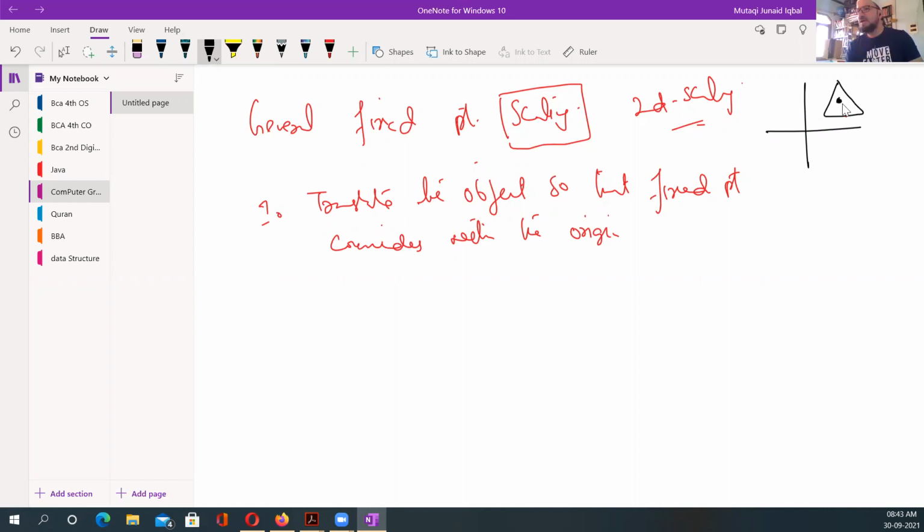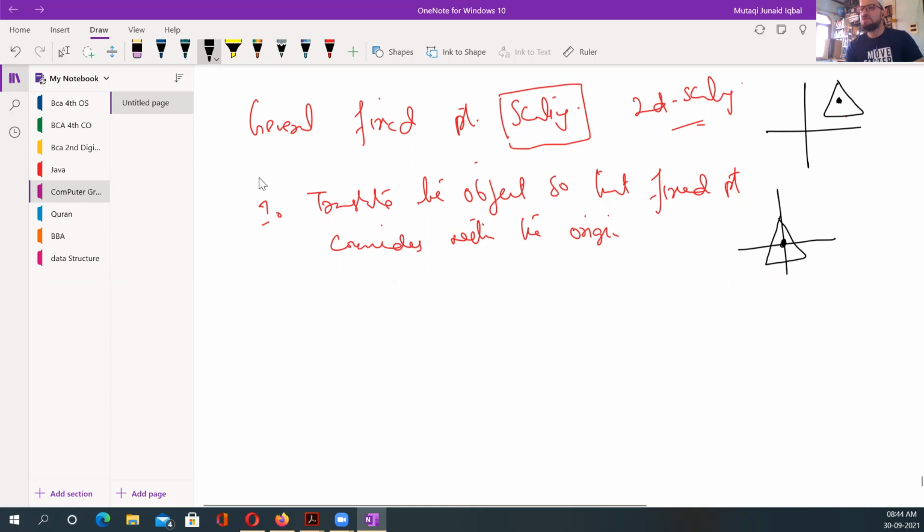But here we have a fixed point, and with respect to it we have to scale, make it bigger or smaller. So step one: translate the object so that the fixed point coincides with the origin. I'm getting the fixed point with respect to which we have to scale to the origin, coinciding it with the origin.